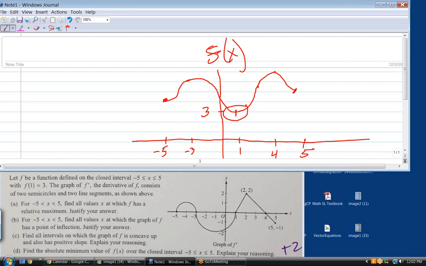Because we won't know if it's an absolute minimum unless I can be certain that this point over here isn't below it. Well, it occurred to me after thinking about it for a while, and this is very fundamental to integral calculus: what happens if I start at that point and I look at the derivative?